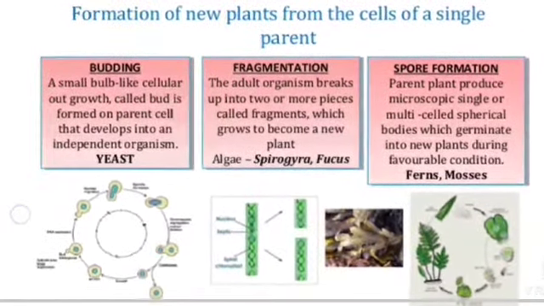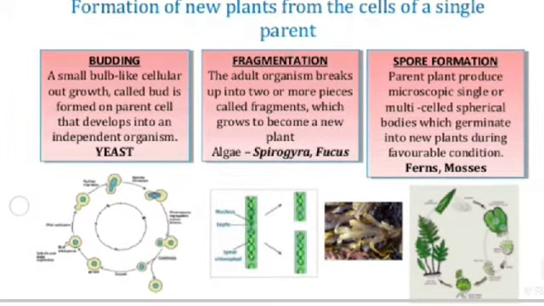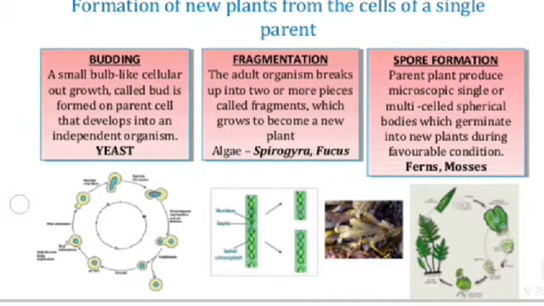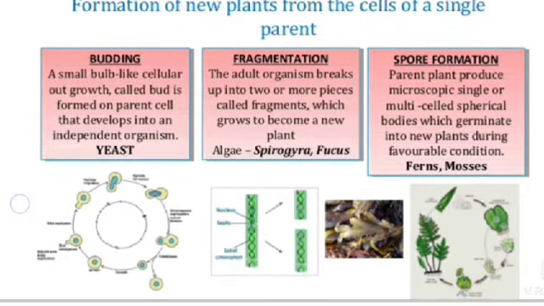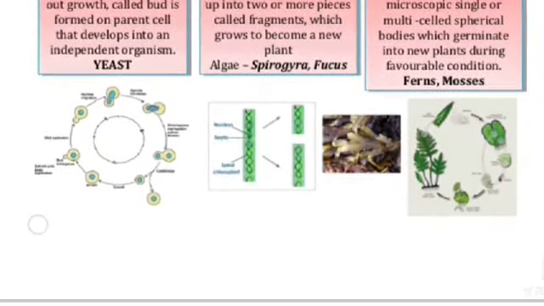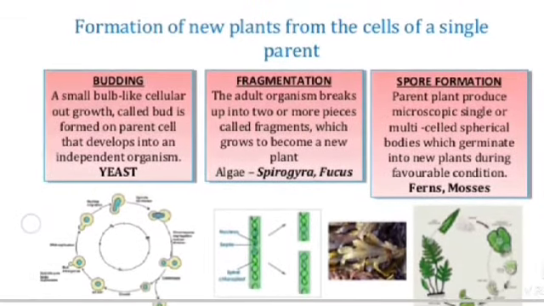Fragmentation. The adult organism breaks up into two or more pieces called fragments, which grow to become new plants. Examples are the algae Spirogyra and fungi. See the adult one, it is divided into two, and the two grow. That is called fragmentation. Spore formation.